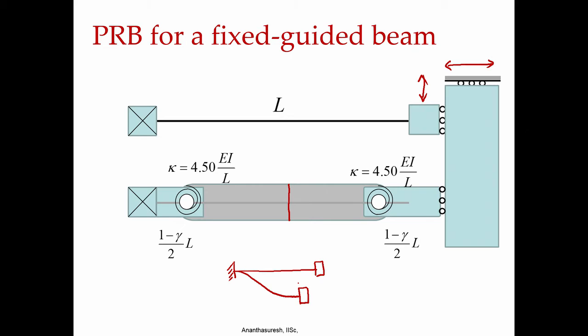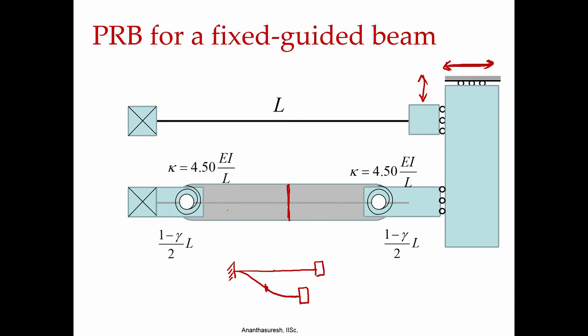So, when that happens, we said that we break it into two parts, and there is this cantilever, there is that cantilever, because other than the little bit of motion in the axial direction, rigid body translation, this is like a cantilever beam, we have broken, that is what is shown here. Two of those we put together, that becomes the pseudo rigid body model for this fixed guided beam.